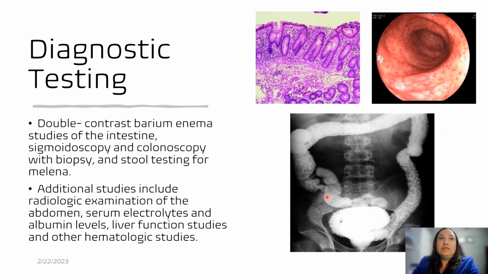And this is the barium enema study, and I thought it was really interesting because you can see the pattern around the colon, so you can see the damage and the trauma it has on there.